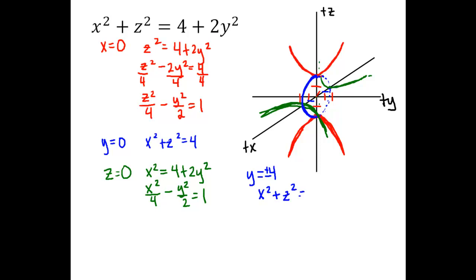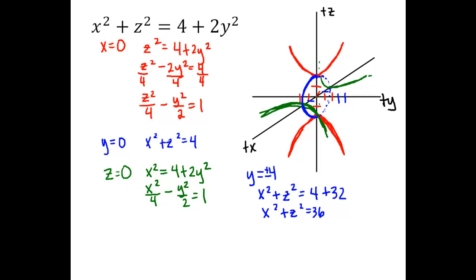I'll have x squared plus z squared equals 4 plus 32. Does that sound right? Or x squared plus z squared equals 36. So out here at y equals 4, we've got this circle of radius 6.